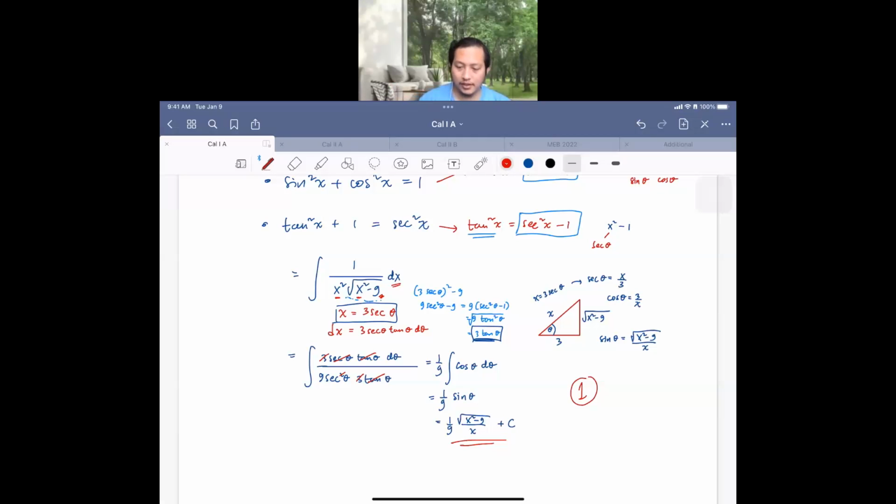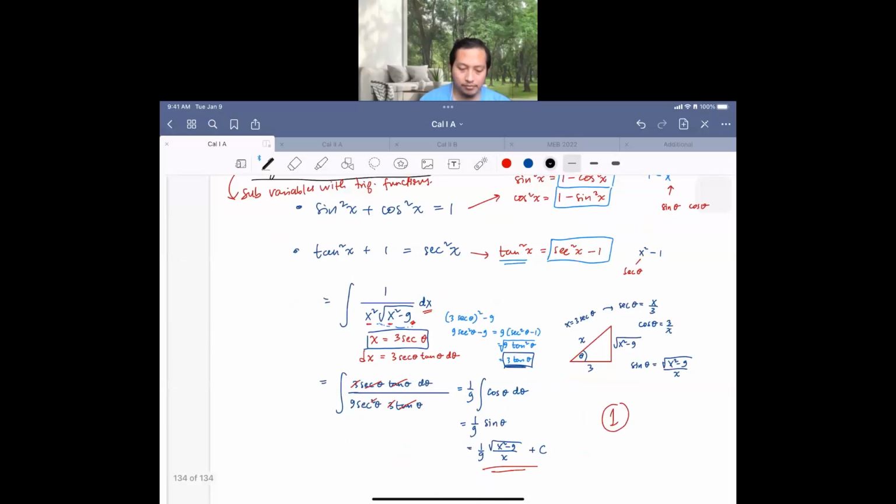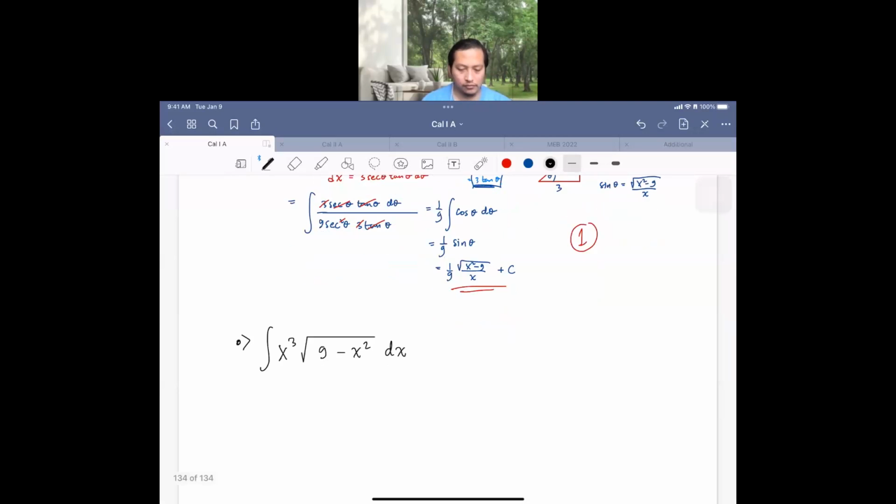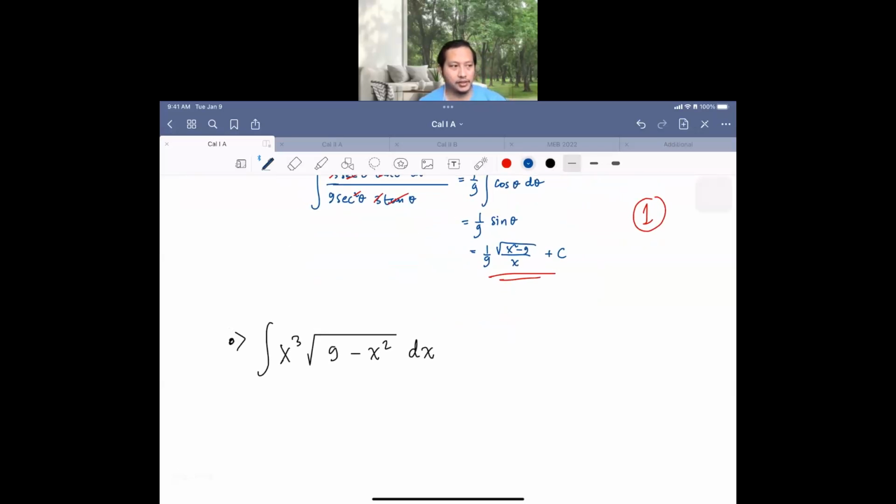Okay, now the second case, we have the integral of x cubed over the square root of (9 minus x squared).